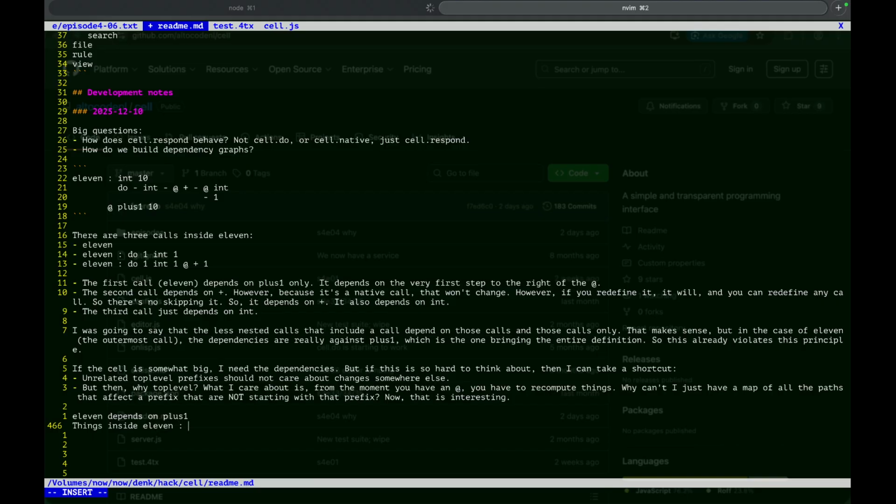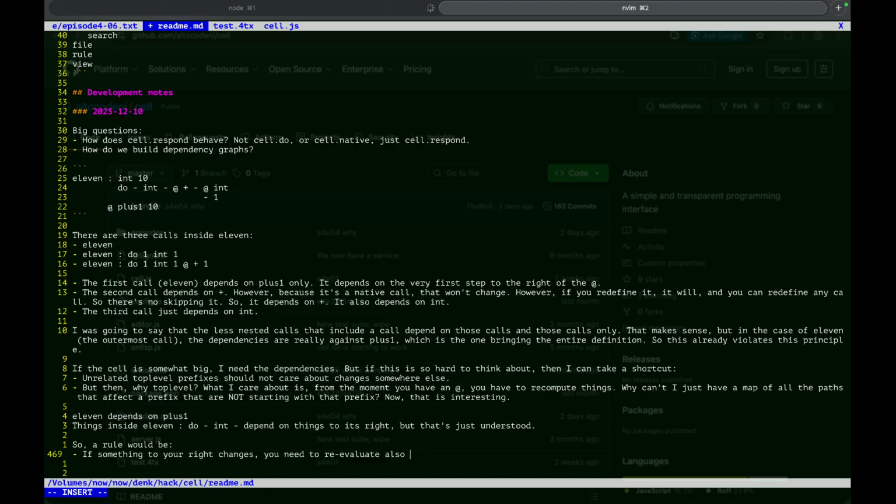Inside 11, I do int to its right, but that's just understood. So a rule would be if something to your right changes, you need to reevaluate also what happens to your left.